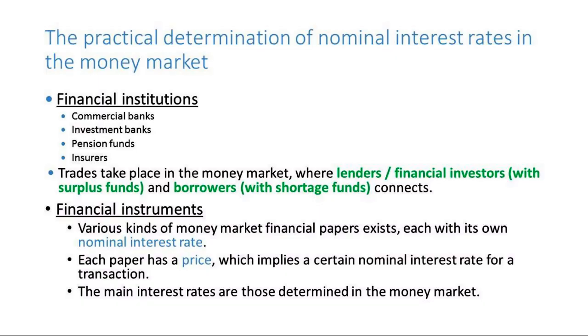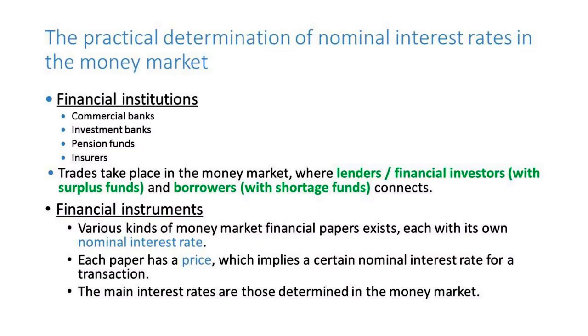So there is some contract, if you would like to think about it that way, which says I will buy a financial asset from whoever issues it, and in return, I give them my money, in other words, I invest with them, and I receive this financial paper, which pays a nominal interest rate. So the paper or the asset has a price, as well as an interest rate attached to it.